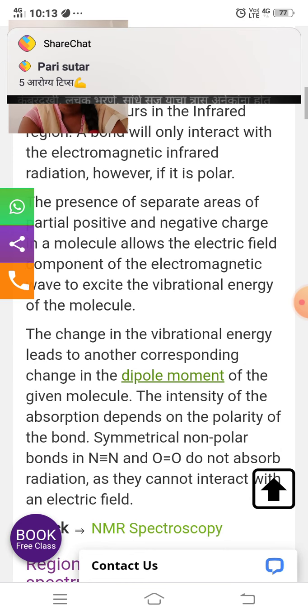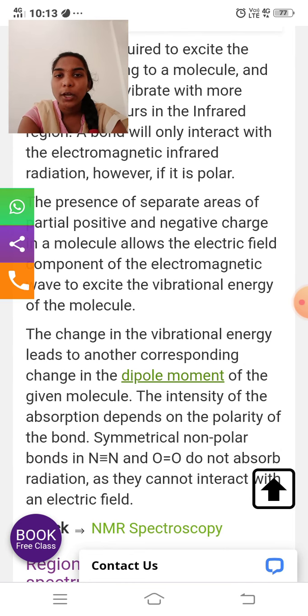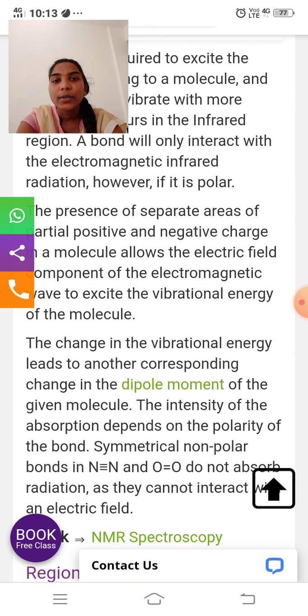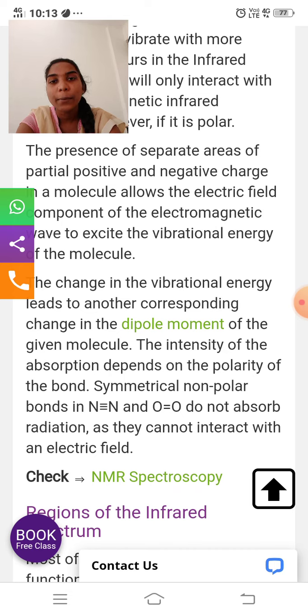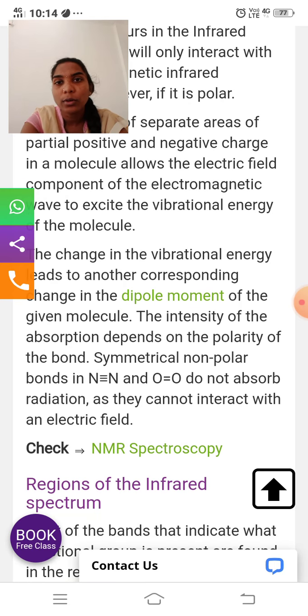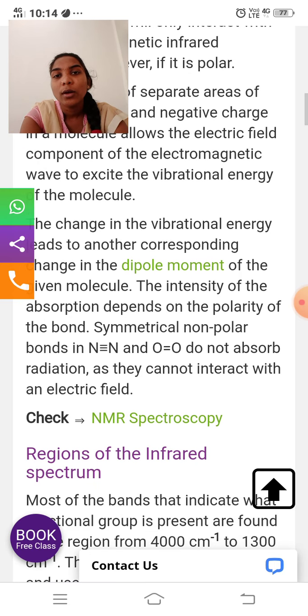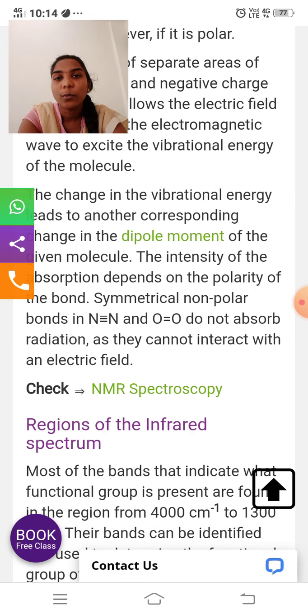A bond will only interact with the electromagnetic infrared radiation, however, if it is a polar molecule. The presence of separate areas of partial positive and negative charge in the molecule allows the electric field component of the electromagnetic wave to excite the vibrational energy of the molecule.